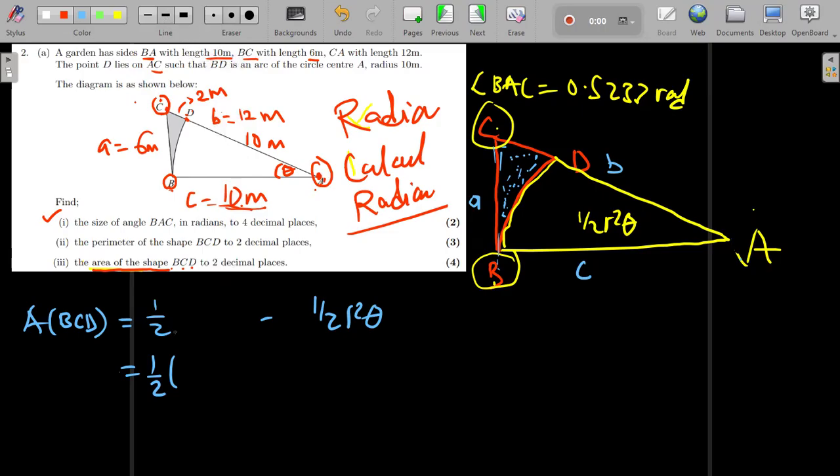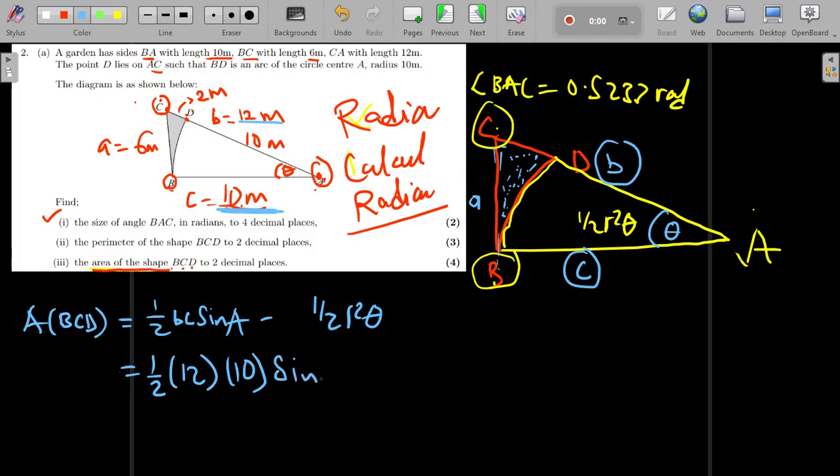So the area is equal to B multiplied by C and then sine of the angle at A, sine angle A. We have this side multiplying by this side, and then we get the sine of the angle that we have there. So I'm going to multiply 12 by 10, since this side was 10 and that other one was 12, and then sine the angle.